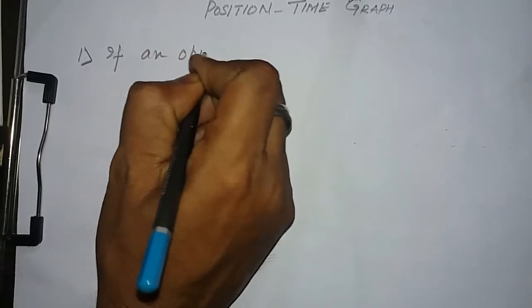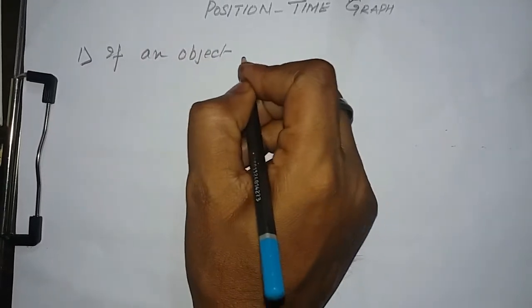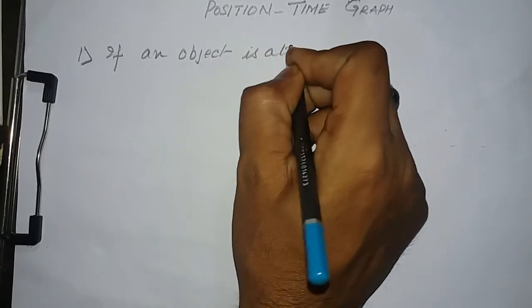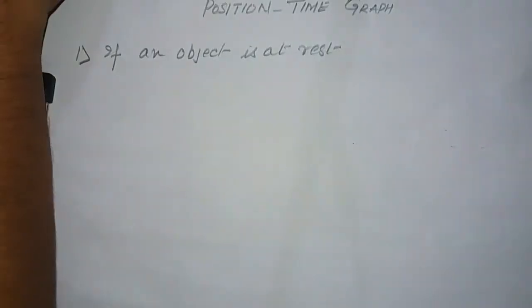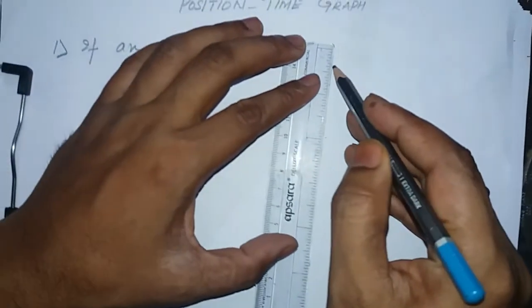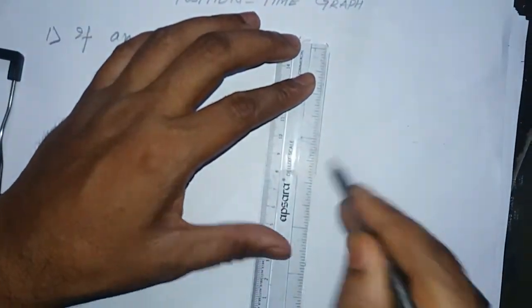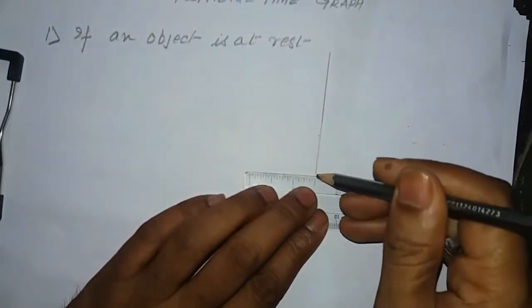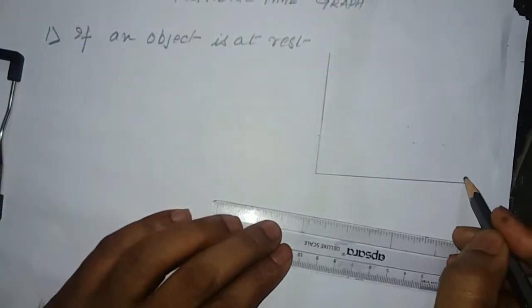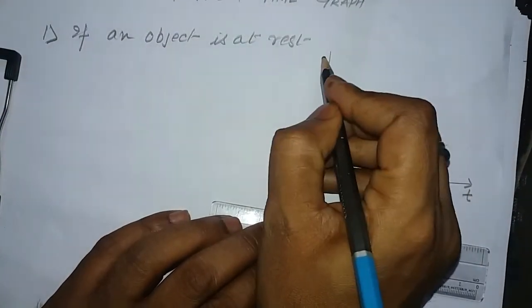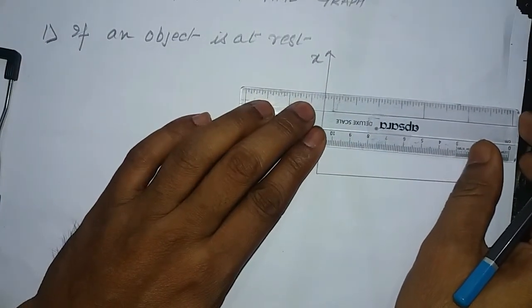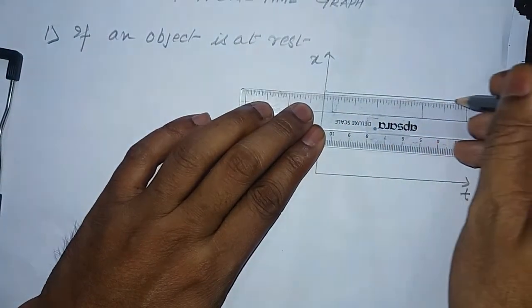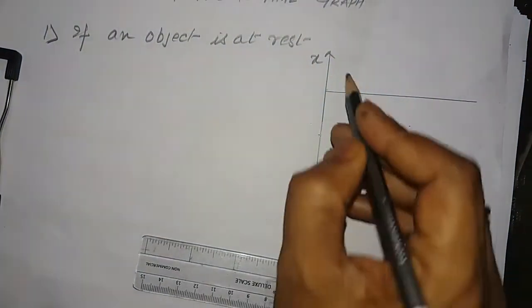In that case, this is the time axis, this is the position axis, and the graph will be a straight line parallel to the time axis.